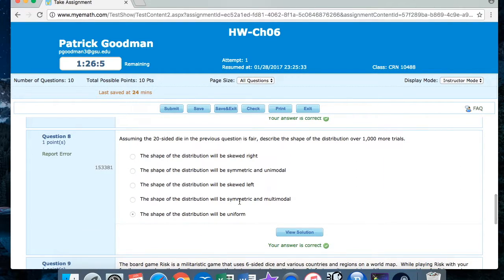Okay. So here, this is just another concept type question. Assuming the 20-sided die in the previous question is fair, describe the shape of the distribution over 1,000 more trials.